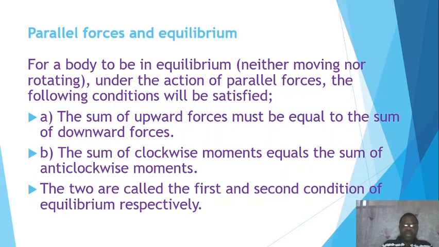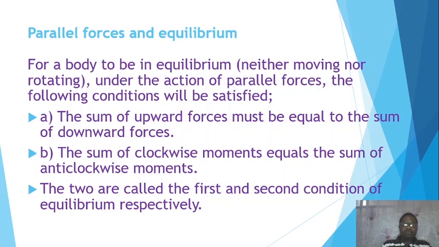In other words, the total upward forces is equal to the total downward forces. We can also put it this way: the algebraic sum of all the parallel forces acting in any direction must be equal to 0. But remember, we can assign the upward forces to be positive, while the downward forces will be negative.